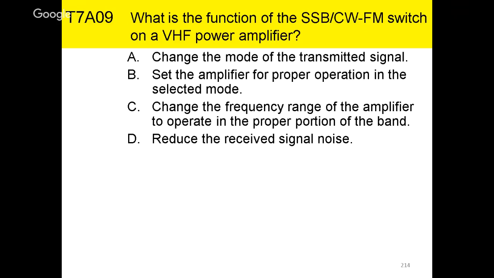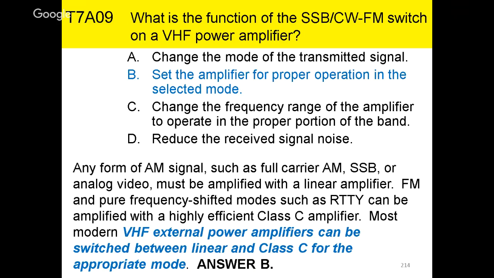Okay, what is the function of the single sideband CW FM switch on a VHF power amplifier? And that is on the bottom of page 120. It kind of gives you a little bit more information than what the slide is going to show you here. But it's to set the amplifier for proper operation in the selected mode. If you're going to do AM, you're going to have a switch that will select AM.